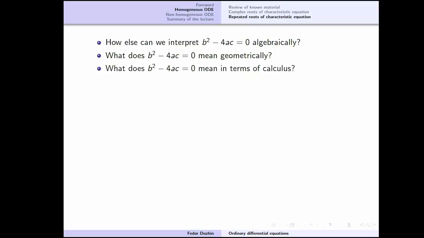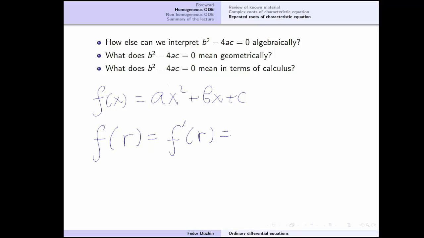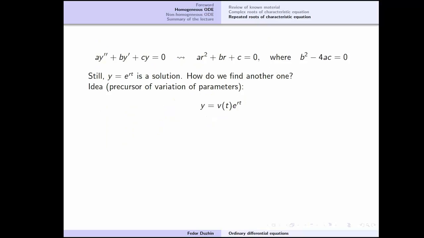And then in terms of calculus, if we introduce the function f of x, ax squared plus bx plus c, then this function is going to have a common root with its own derivative. So there is a certain root r such that f of r equals f prime of r equals 0. So these are the two interpretations of the fact that b squared minus 4ac equals 0.